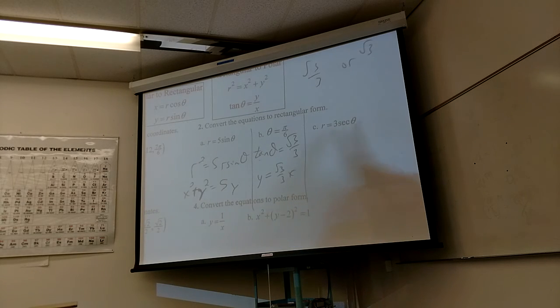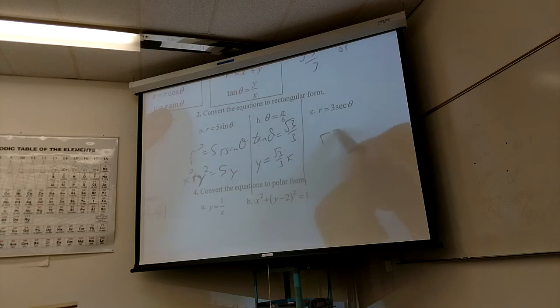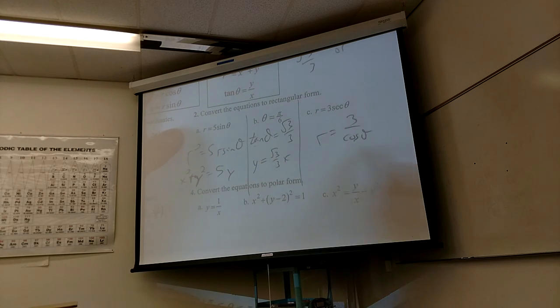And then what about this one? People get all kinds of weird results. Does r secant mean anything? No, it's nothing. Secant is 1 over cosine, which is related to something. I get people who divide both sides by r, which is fine, but couldn't you just multiply it up?